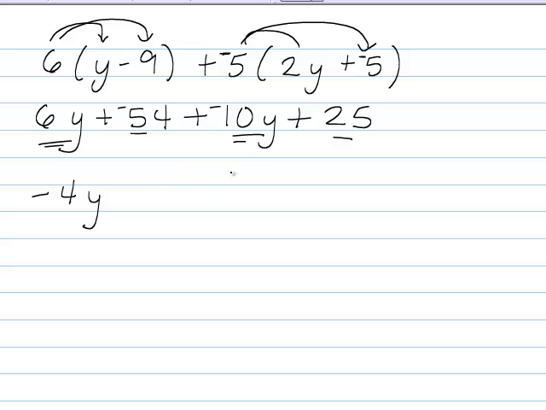And the difference between these two is 29. And since negative 54 is bigger than 25, that will be a minus 29. So negative 4y plus a negative 29, or negative 4y minus 29, and that is what our expression simplifies to be.